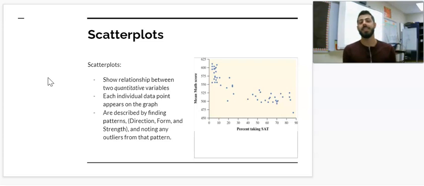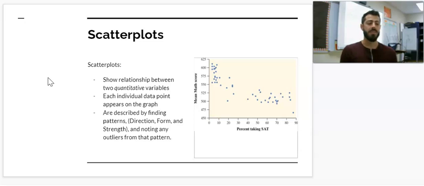A scatter plot is a representation of two quantitative variables. They show a relationship between two quantitative variables. Each individual data point appears on a graph, and it represents both a value on an x and a corresponding value on a y axis.